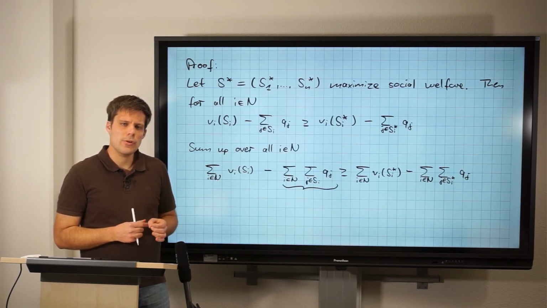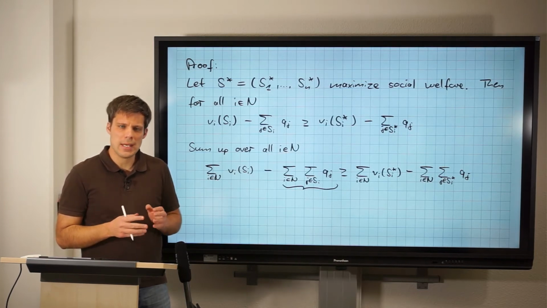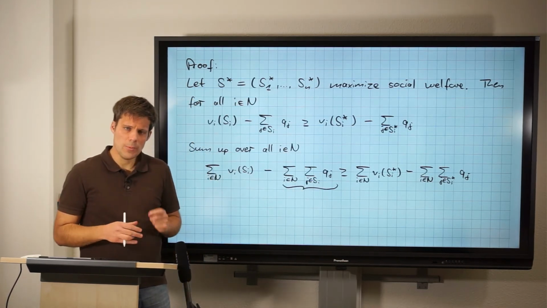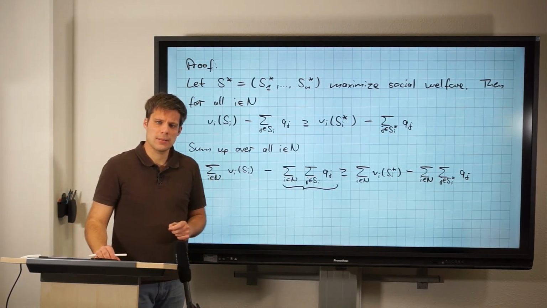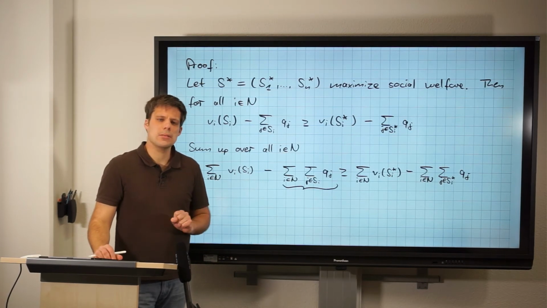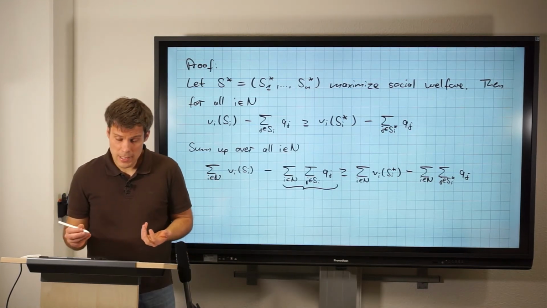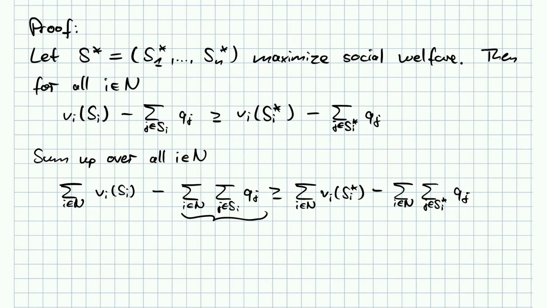We're summing over all items that are allocated, and each item that is allocated appears exactly once. And what about the items that are not allocated? Well, they don't appear here, but we know that q_j will be 0 for them, because this is a Walrasian equilibrium, and this was our property.